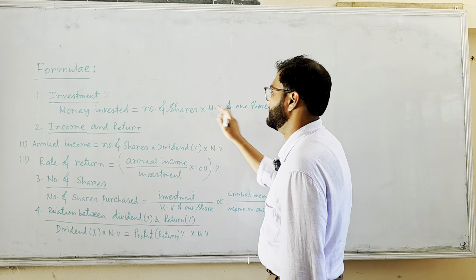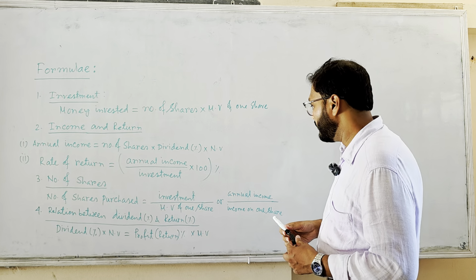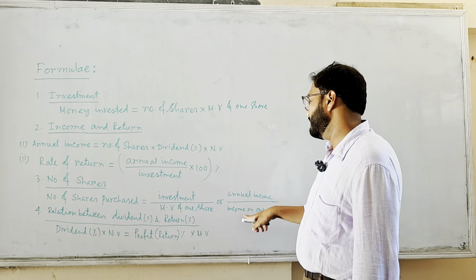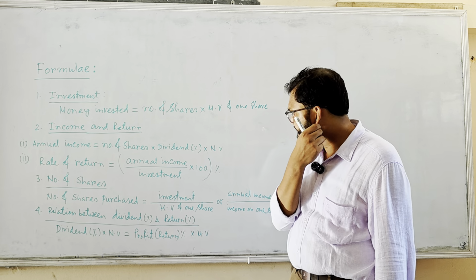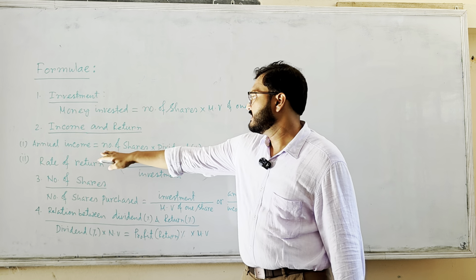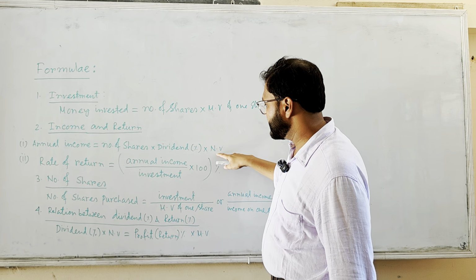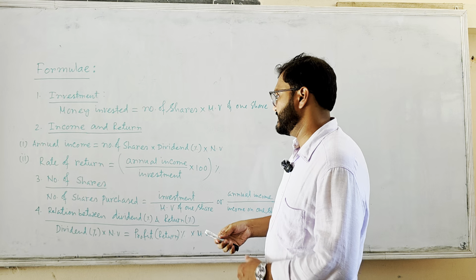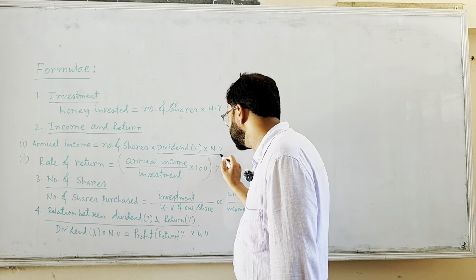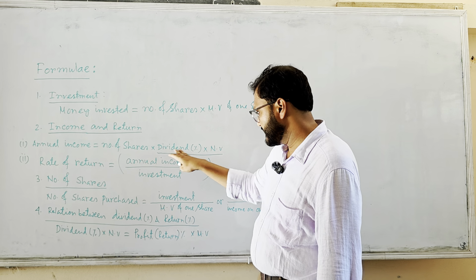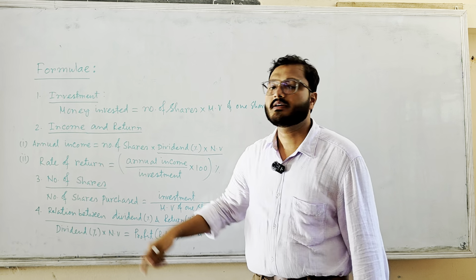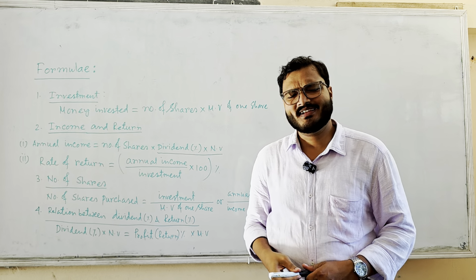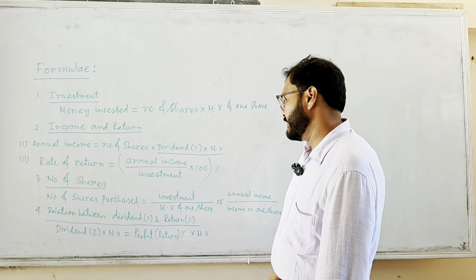Or annual income by income on 1 share. How much is my income from here? This much is the income on 1 share. So number of shares equals annual income by income on 1 share. Actually very easy.